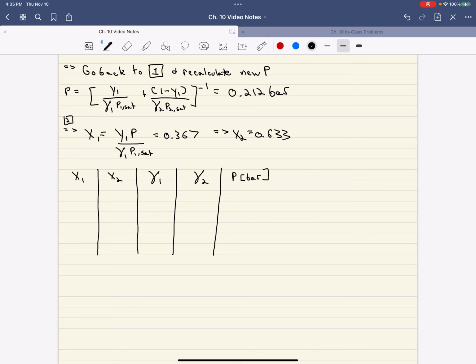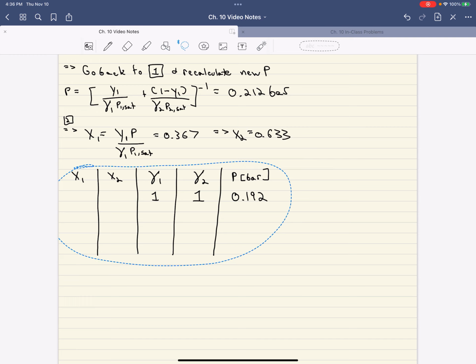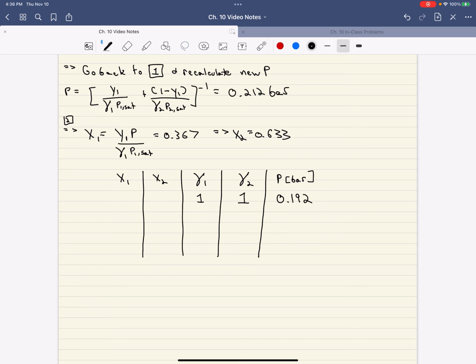And so, in this table, we start off just saying gamma 1 and gamma 2 were equal to 1. Then we estimated a value of P bar of 0.192. In fact, let me move this to the side and just say iteration 1, 2, 3, 4.